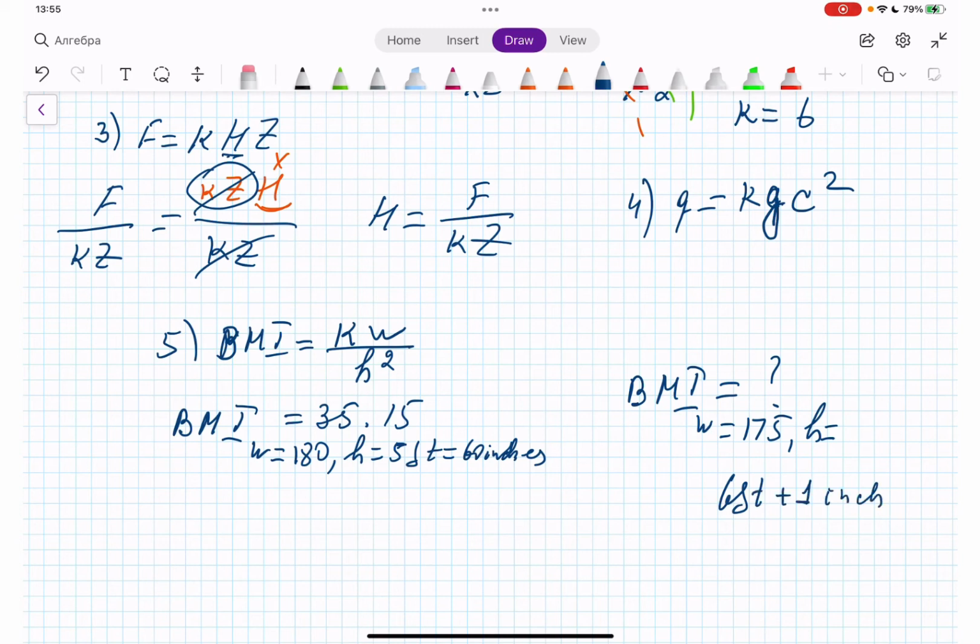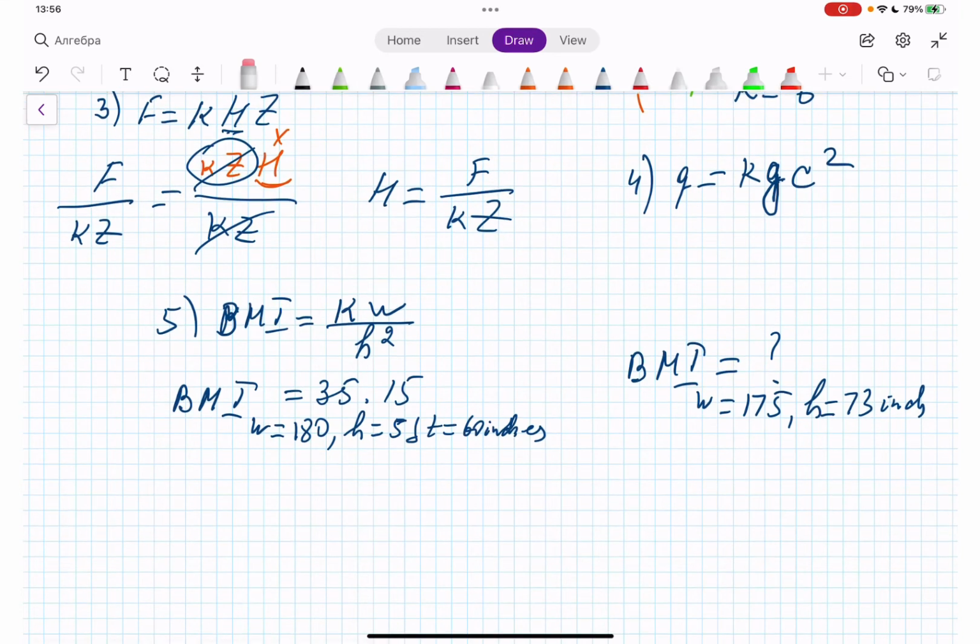So 6 feet is going to be times 12, 6 times 12, 72 inches, and 1 inch is going to be 73 inches, right? Okay, converted 6 feet and 1 inch to inches. Okay, so we have the formula.